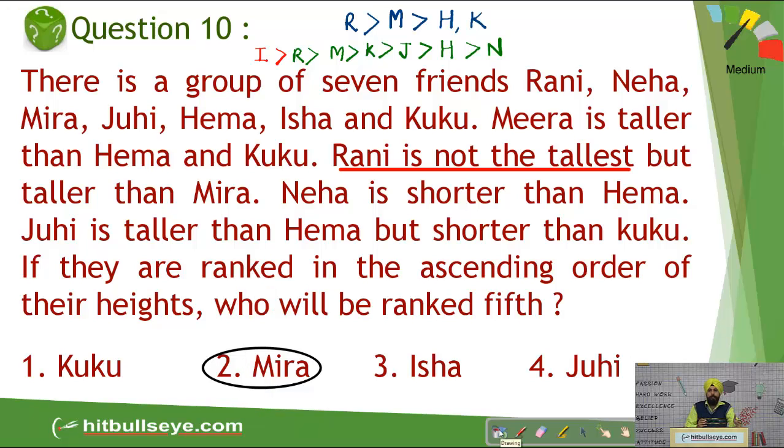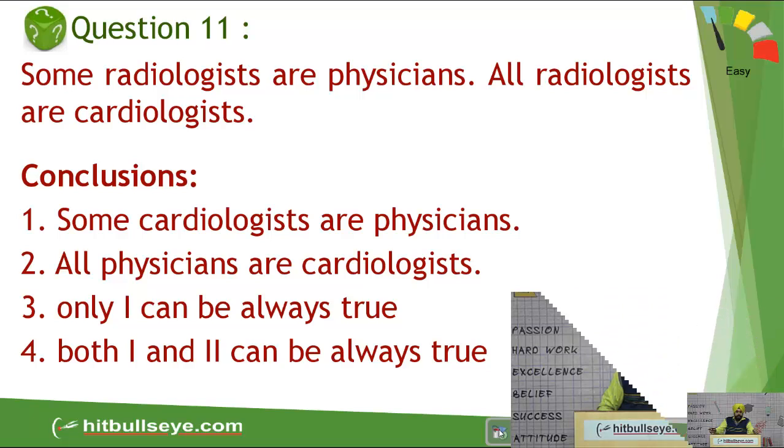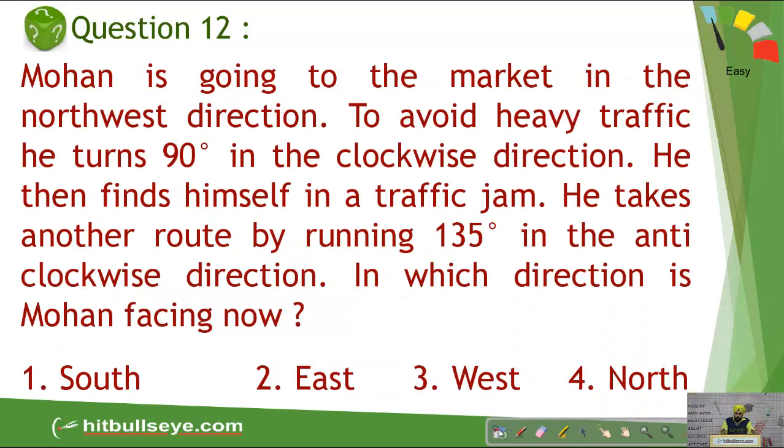Right? So let's move on to the next question. There's another question on syllogism. You can try it on your own. Now see this question based on directions. So students, I think you already know how we place the directions. We know we take this as well as this to represent north, south, east and west.